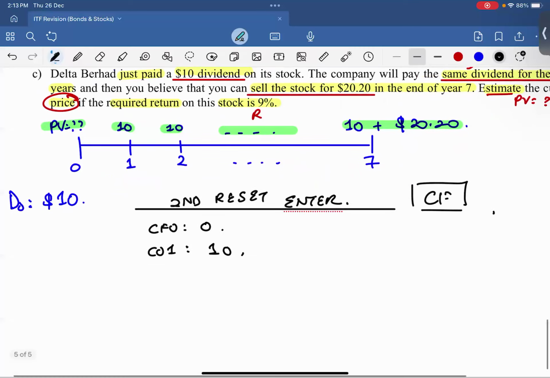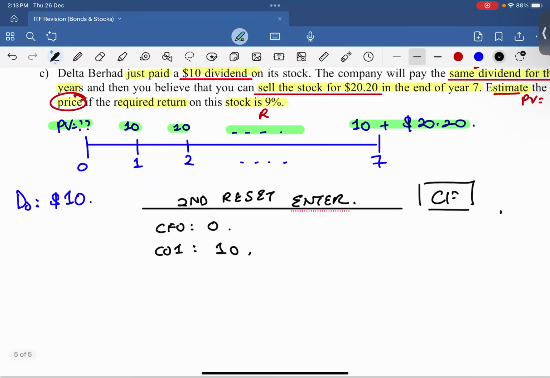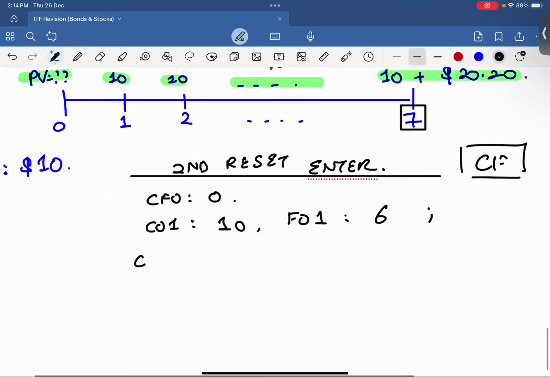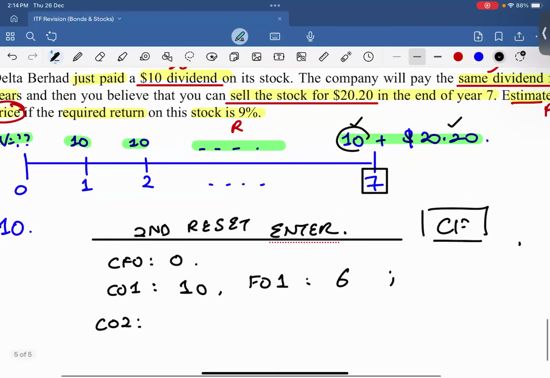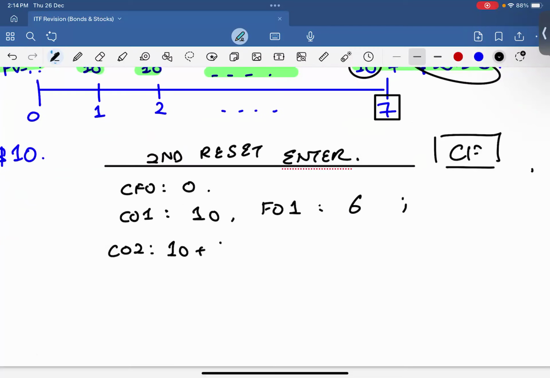Now you don't have to write until C07, it's too much. So how many times will I receive $10? I will receive it 6 times first. Why not 7? Because in year 7, I receive $10 plus this one, so it's a different value. For the 6 years it will be the same value. Only in year 7, I will receive $10 plus $20.20.